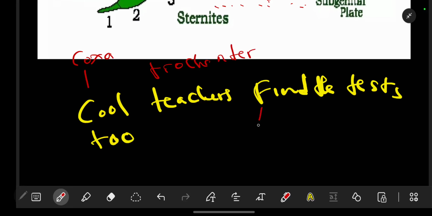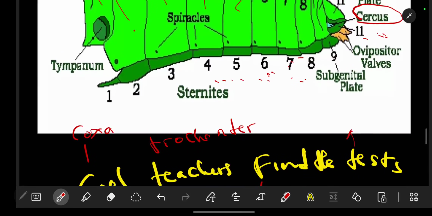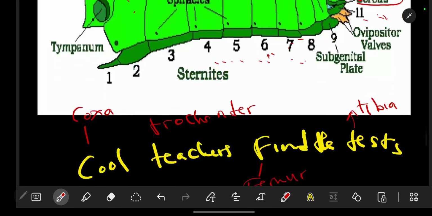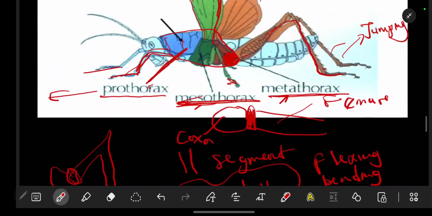F is the femur. Then we have the tests, which will act as our tibia. Then we have our two, which will act as our tarsals. So these are the structures.